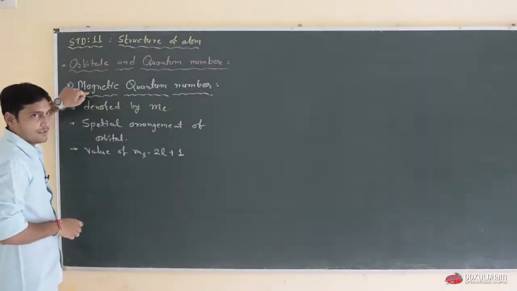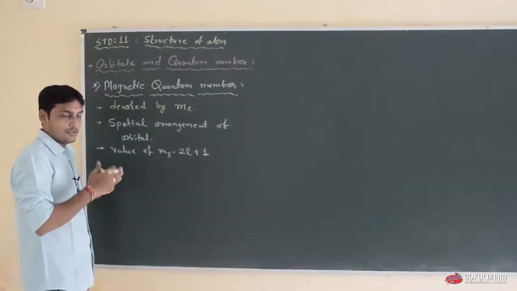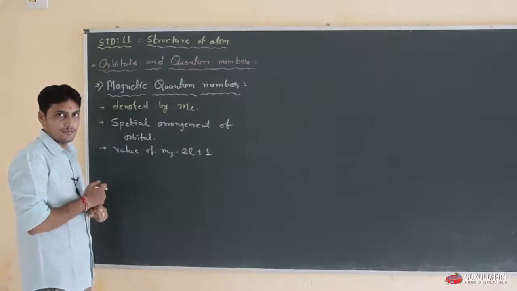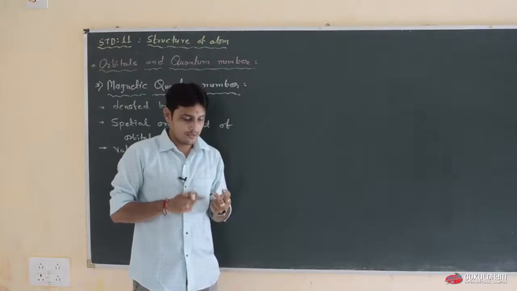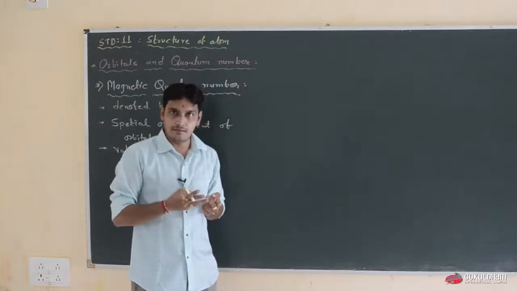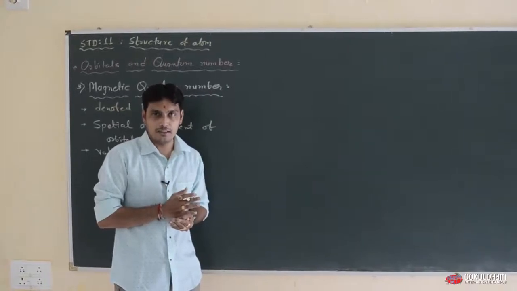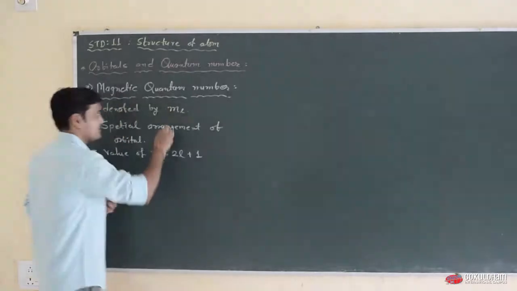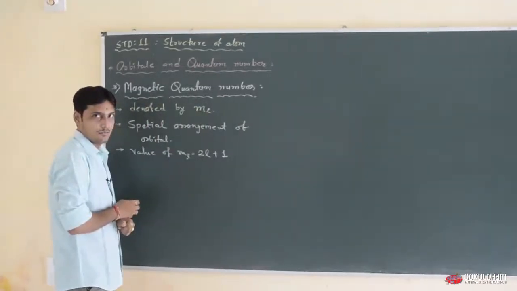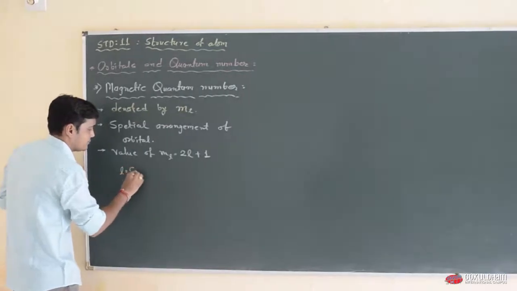This magnetic quantum number will give the number of subtypes of the orbital. We know that the s orbital has one subtype, the p orbital has three subtypes, the d orbital has five subtypes, and the f orbital has seven subtypes. We can calculate this by this quantum number. Suppose L is equal to 0.